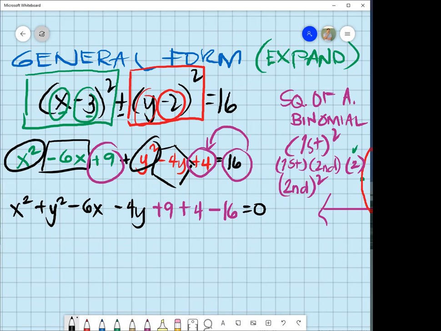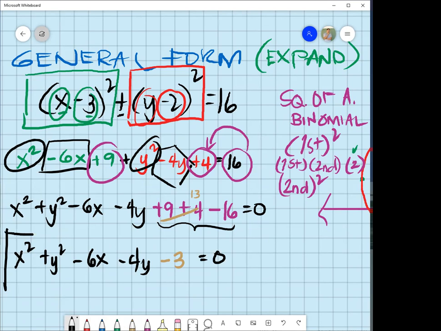Okay? And finally, let's just combine all these things, all these purple numbers, all the constants. So we have here x squared plus y squared minus 6x minus 4y. And then 9 plus 4, this is 13. 13 minus 16, that's -3, is equal to 0.